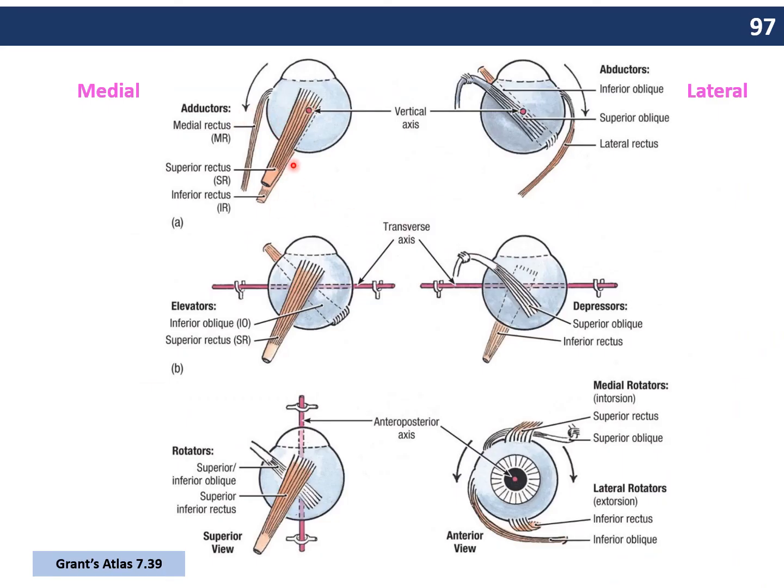If we take a closer look at the muscles and how they act upon the eye, shown here is the superior rectus. And I told you that the superior rectus and inferior rectus work to adduct the eye, so to move the gaze medially toward the nose, for instance.